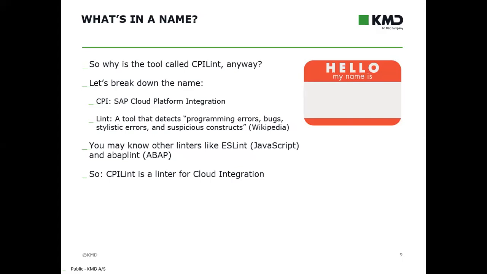There are a ton of linters out there. You might know maybe ESLint for JavaScript, or there's even one for ABAP, ABAP-lint, and many, many others. So CPILint is basically just a linter for cloud integration, like a tool that checks your work.